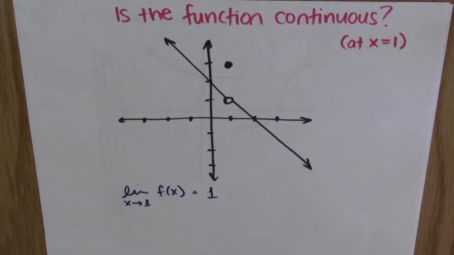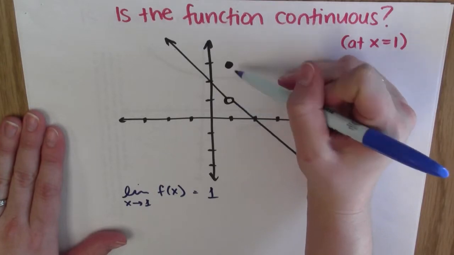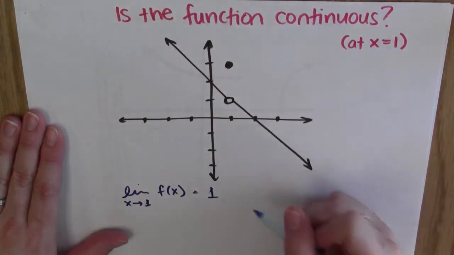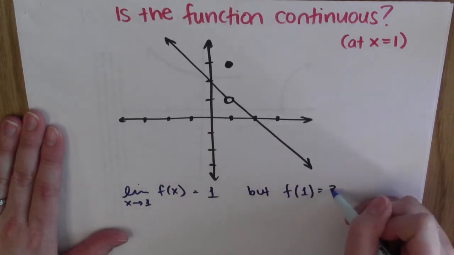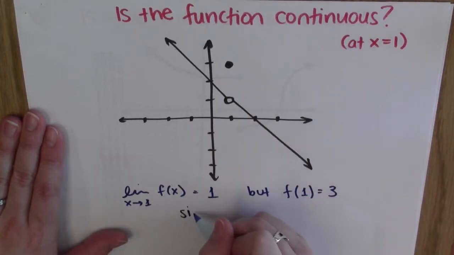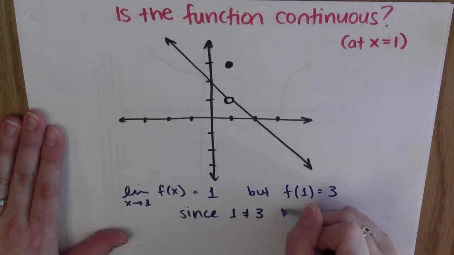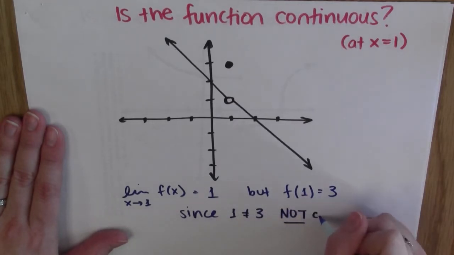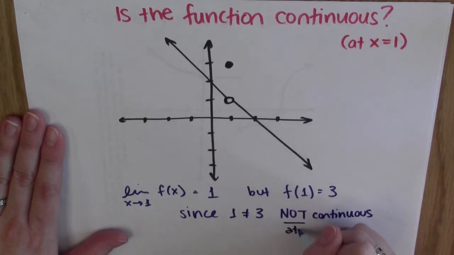So the limit as x approaches 1 of f of x is equal to 1. On the other hand, there's a hole in the graph at 1, and the function's value is up here at 3. So f of 1 is actually equal to 3. Since 1 is not equal to 3, this function is not continuous at 1.